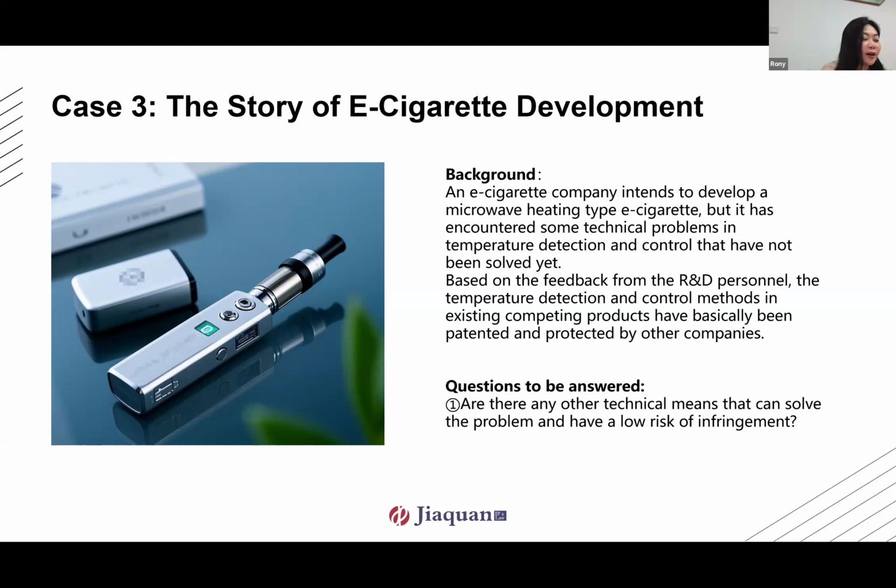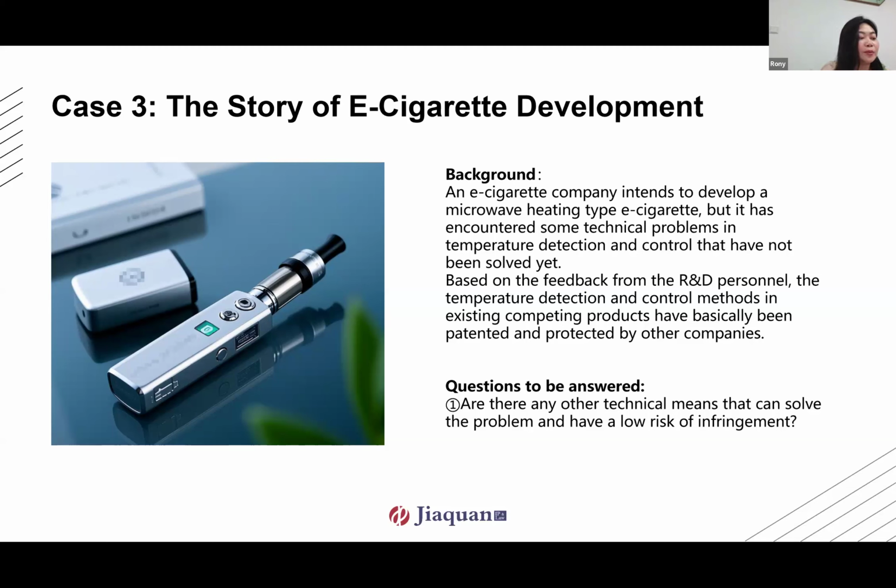However, during the R&D process, they found that in the technical field of microwave heated e-cigarettes, their competitors have already filed some very core and important patents. Moreover, the application dates of these patents are early.